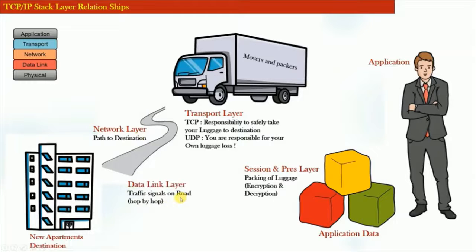Finally, the various traffic signals which the vehicle will encounter on the road can be thought of as the data link layer, because the vehicle passes through these traffic signals in a hop-by-hop fashion. So this is a good real-world situation where the different entities and the functions they perform can be mapped well to different layers of the TCP/IP stack.